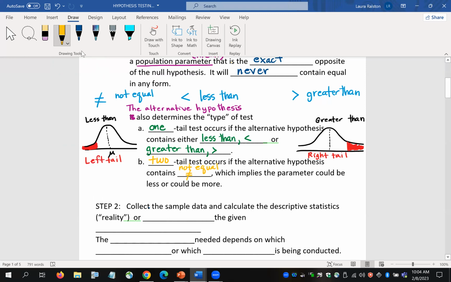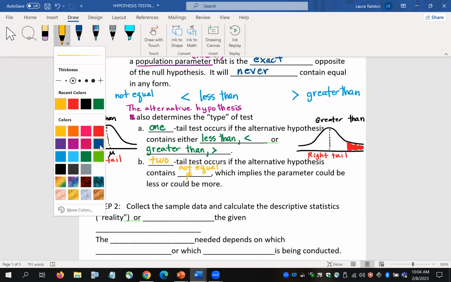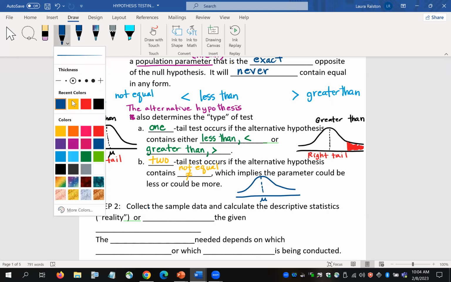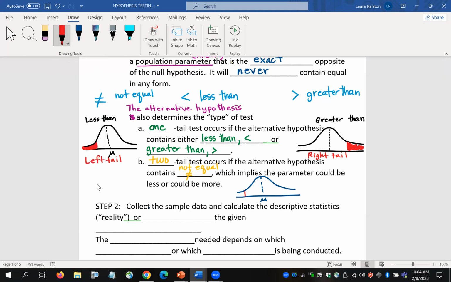Not equal implies the parameter could be less or it could be more. It's just not the same as the mean. So I have the possibility that I could be less, which means I would have a region to the left, or it could be more.